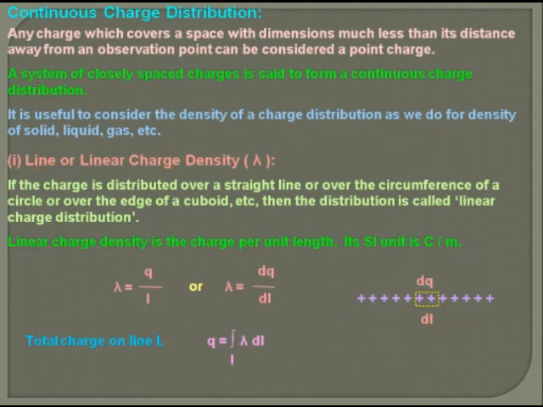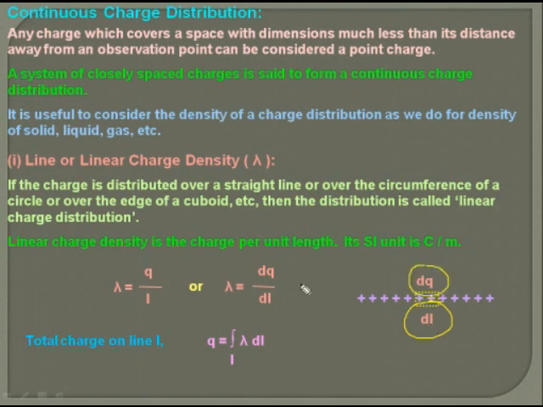We have already seen that. One more thing. Let us consider a very small fraction of this. Let's try to represent this in integral form. So let us consider a very small fraction of the length, that is dl. Since it is a fraction of length, the amount of charge will be very small, that is dq.